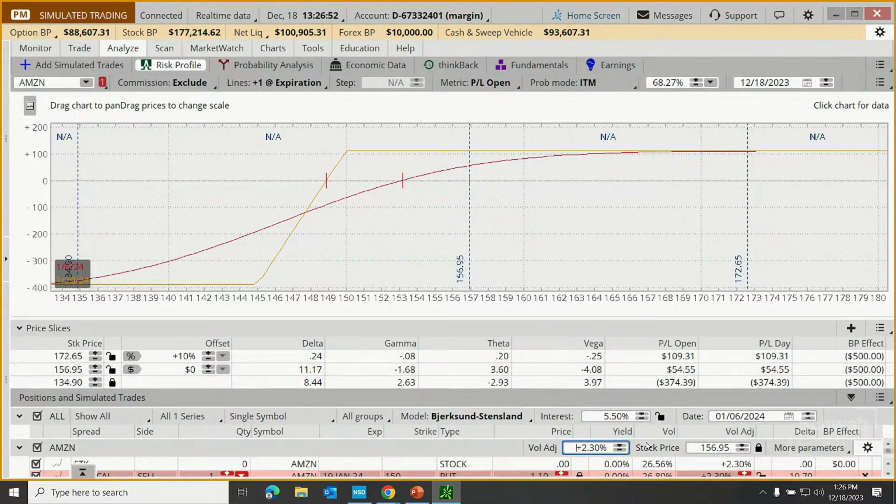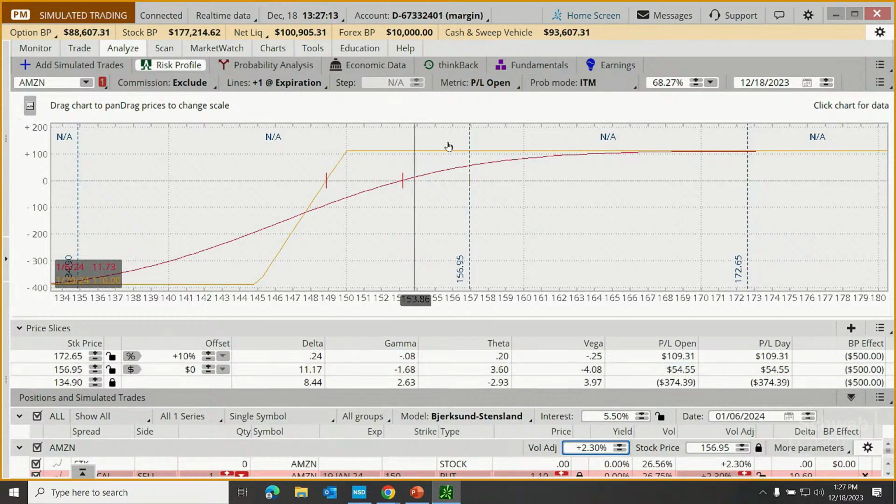All right, so this tool has really powerful metrics that allow us to experiment with how a trade is likely to perform as price, time, and volatility change. And we can see that numerically. We can also see it visually. And of course, there are reset buttons here.